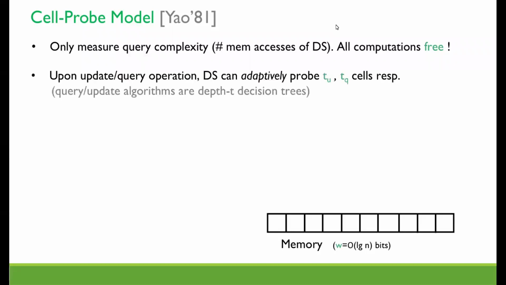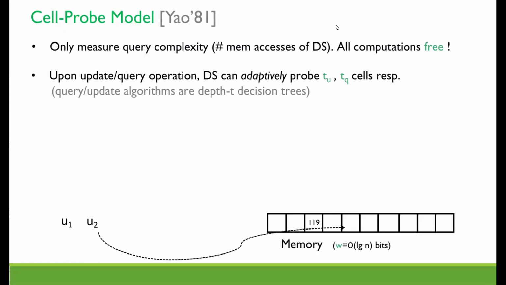So in the context of dynamic data structures, for each update, you're allowed to probe TU cells. For each query, you're allowed to probe TQ cells. So for update 1, you update the cell to 119.